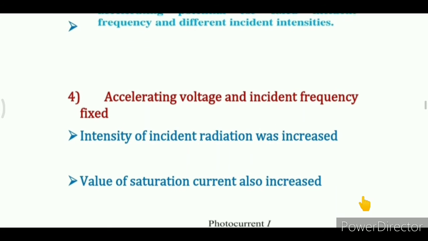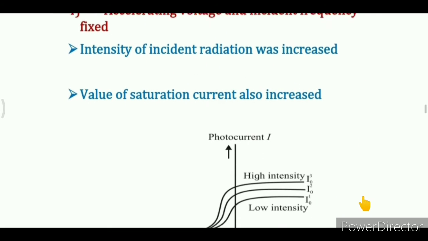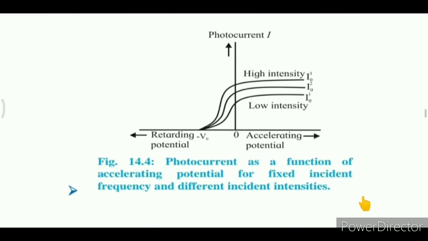Now here you can observe that for the positive potential of plate C, with a particular value of intensity and frequency kept constant, we get the nature of the saturation current as observed there.